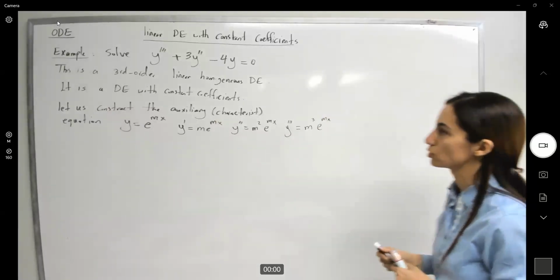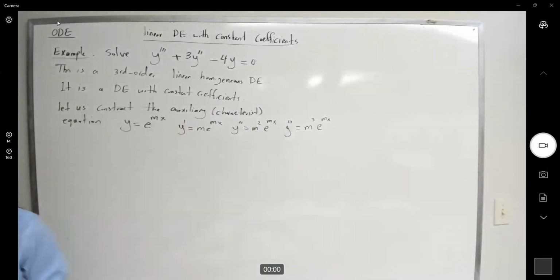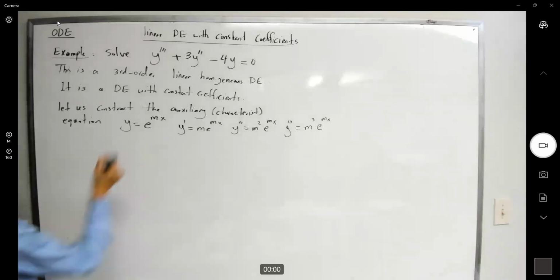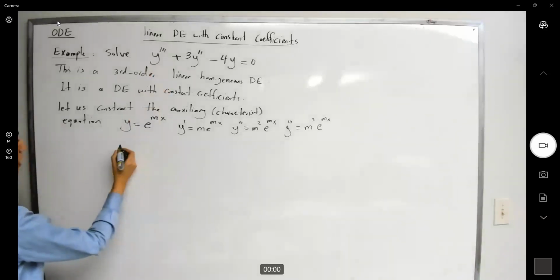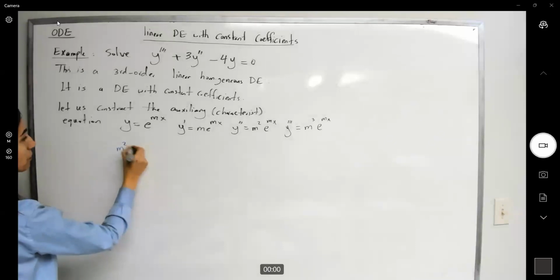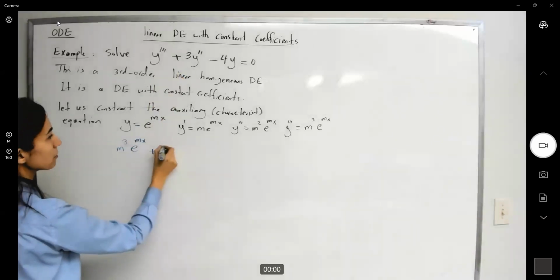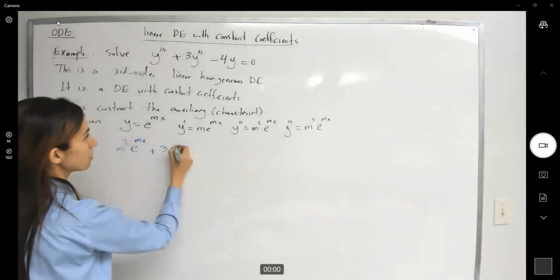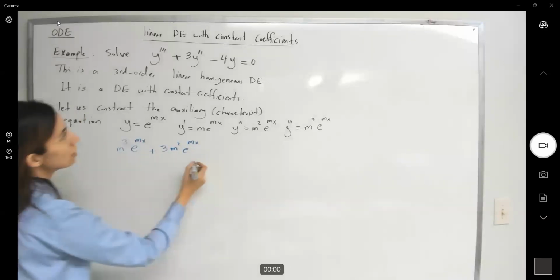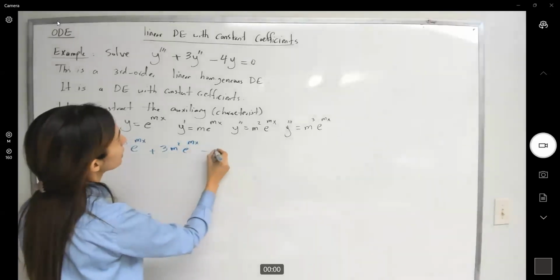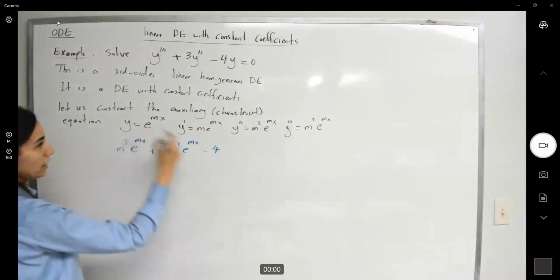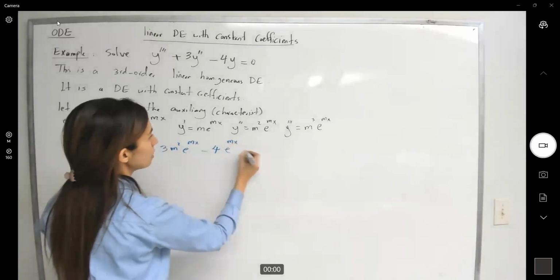I'll just do the substitution. This becomes m to the third e to mx plus 3 m squared e to mx, and minus 4y, which is e to mx, equal to 0.